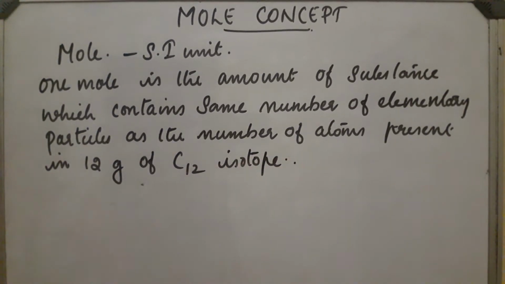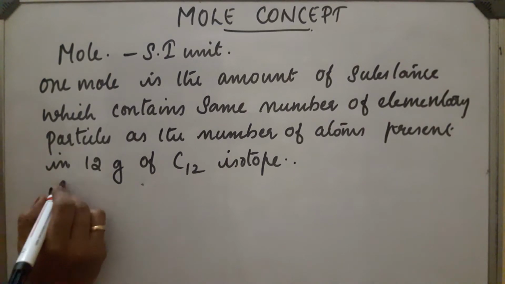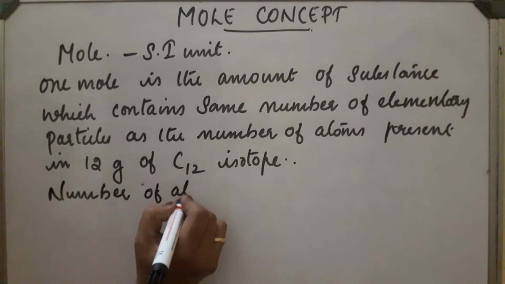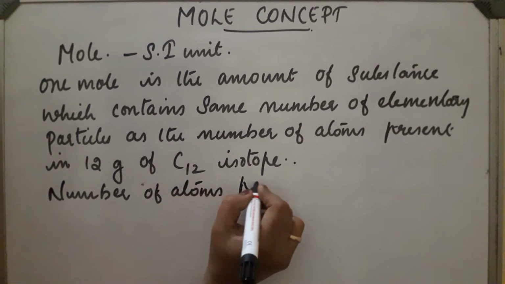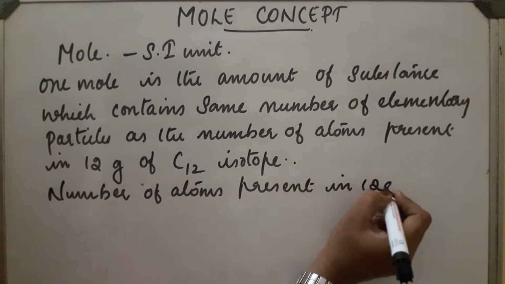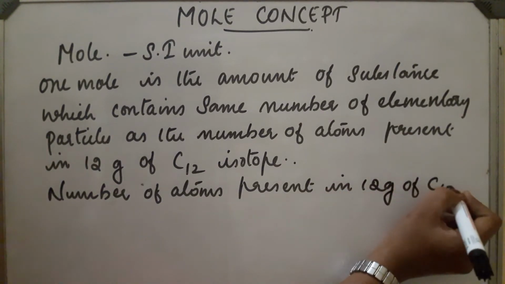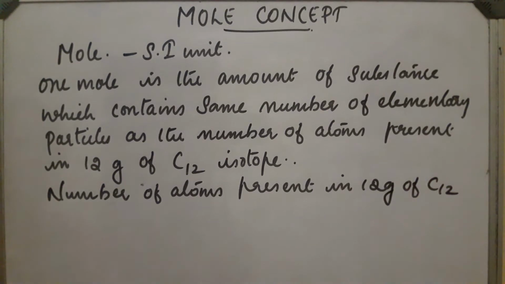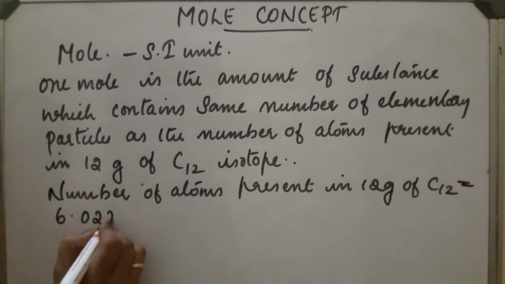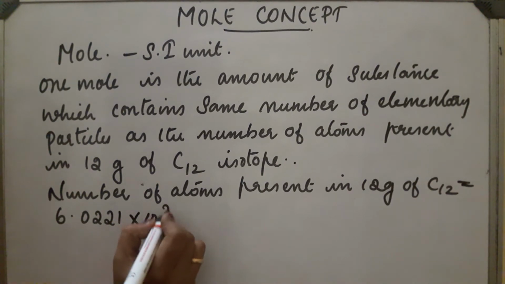The number of atoms present in 12 gram of carbon 12 isotope is experimentally calculated, and the value is 6.0221 into 10 raised to 23.